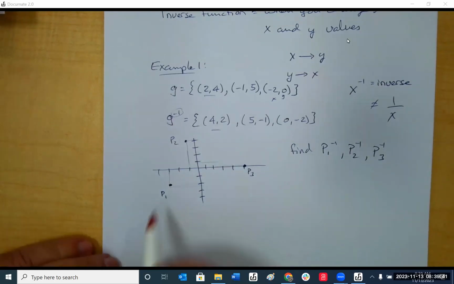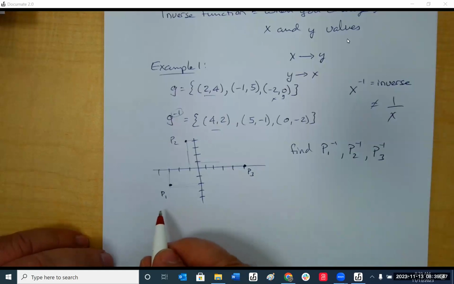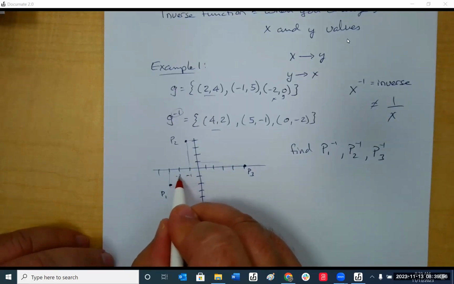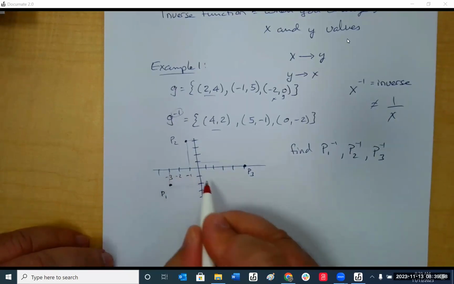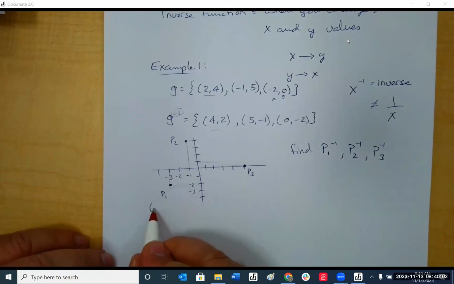So what's the location of point 1? It's at (-3, -2).